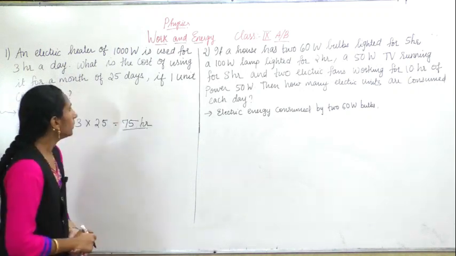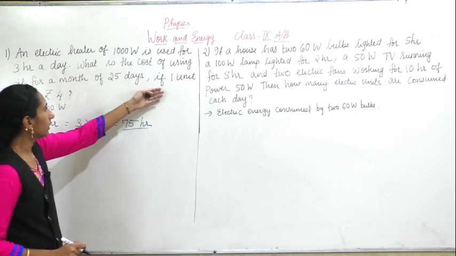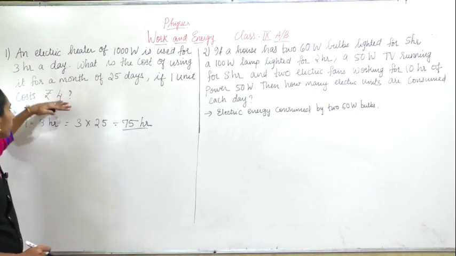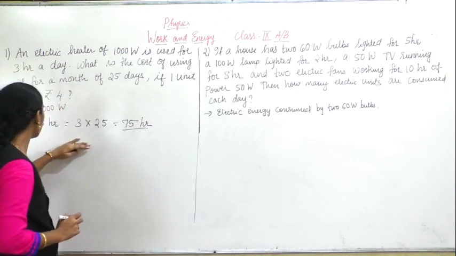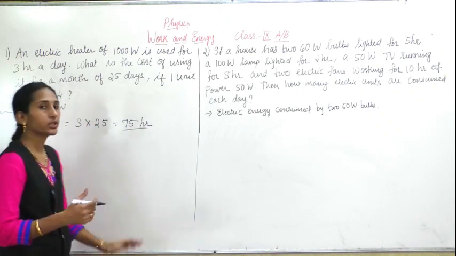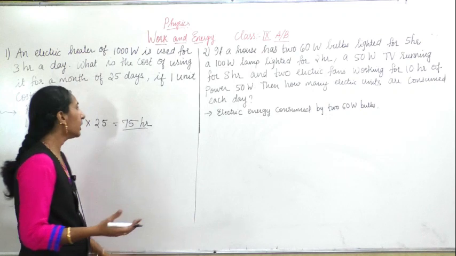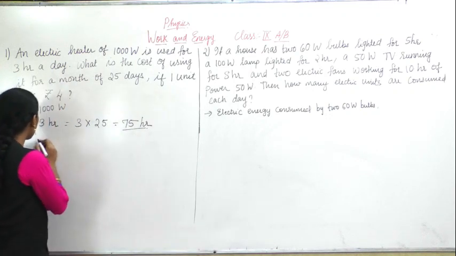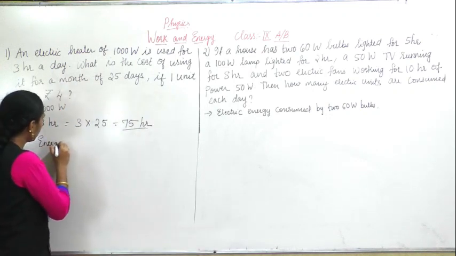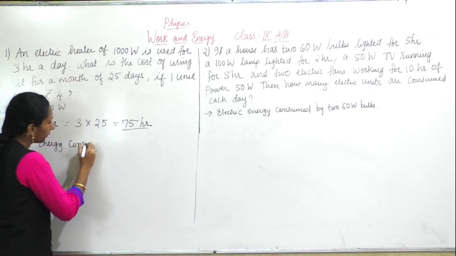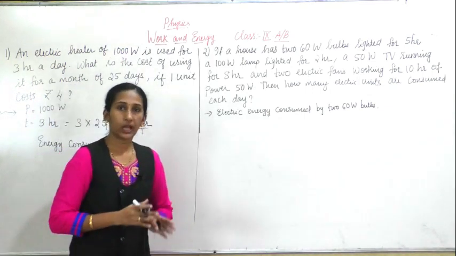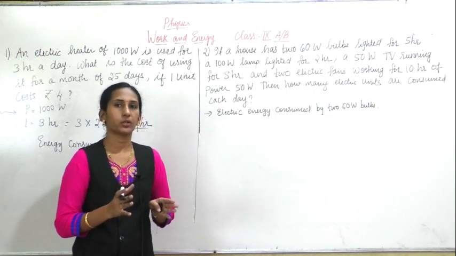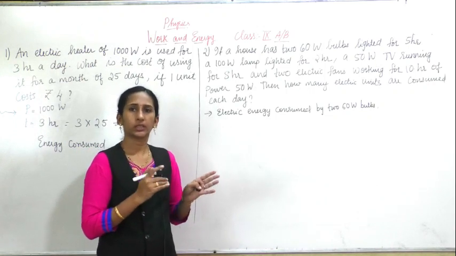hour. Now, 1 unit costs rupees 4. For finding this, you have to first find the total units. P you got, T you got, energy consumed you have to find out. Here I will write energy consumed. What is the formula of energy consumed? As you have studied, average power equal to total work done divided by total time.